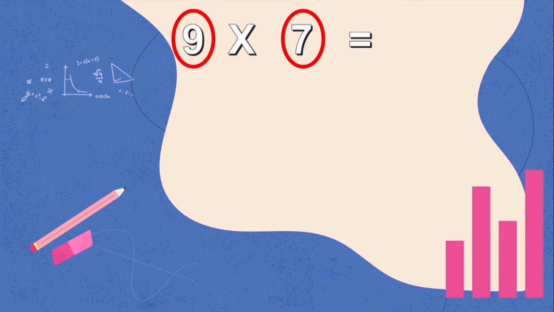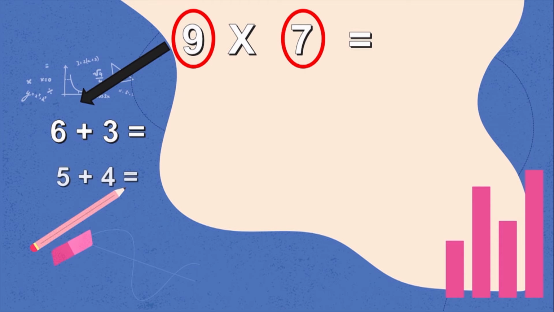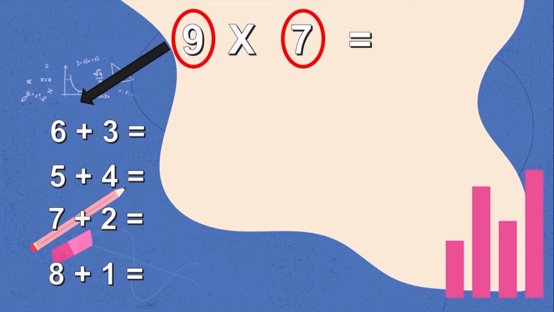I'm hearing you, and a lot of you all have some right answers. 6 plus 3, 5 plus 4, 7 plus 2, and 8 plus 1. So we could form 9 by adding these numbers. And now that we know the parts that make up 9, we could distribute 9, and knowing our 7 times tables, multiply by 7. Let's look.